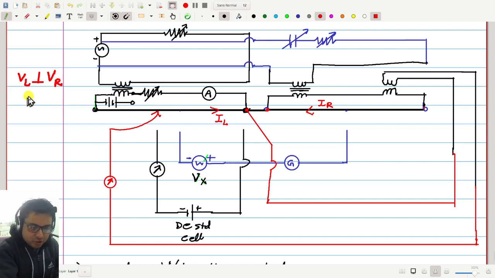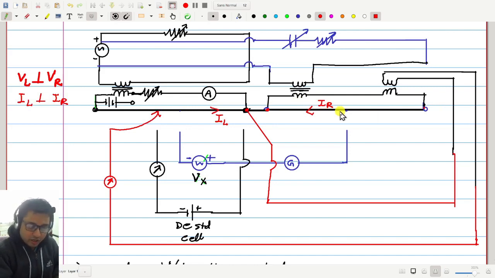So that means we want these two currents IL and IR to be 90 degrees out of phase. Because this voltage is current times resistance, and this voltage is this current times resistance, if these two currents are 90 degrees out of phase, the voltages will also be 90 degrees out of phase.